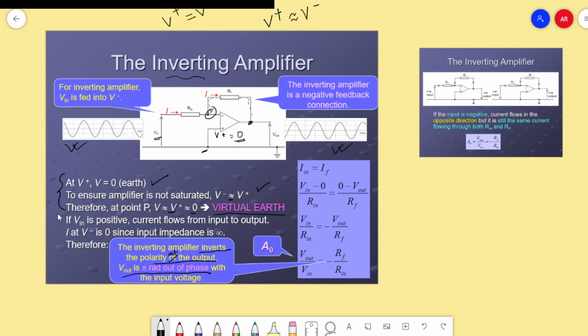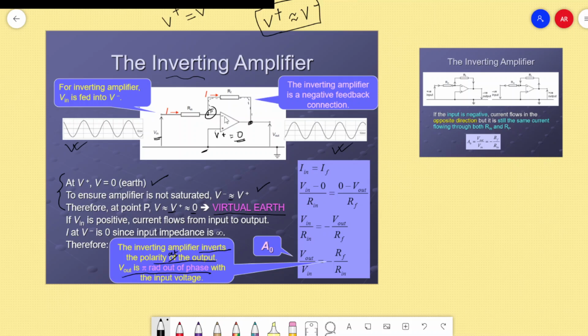This question is very frequent. You must write the answer in these terms: at the non-inverting end the voltage is 0. For the op-amp not to get saturated, V plus should be equivalent to V minus.